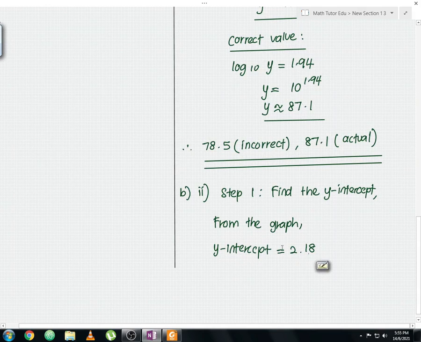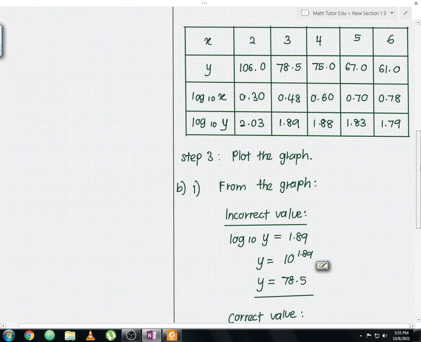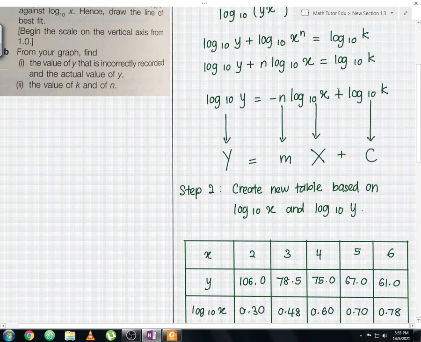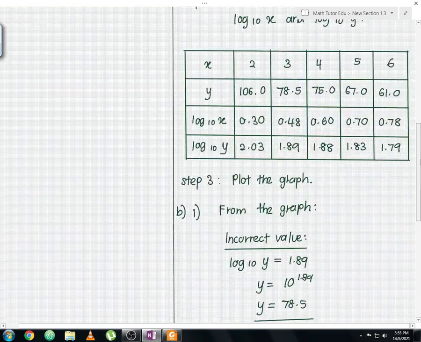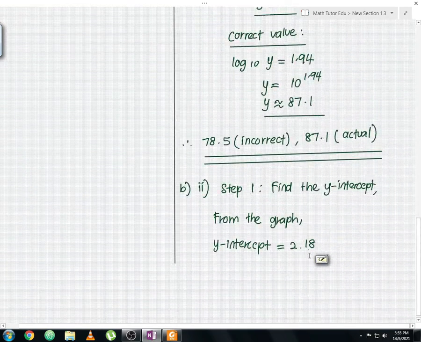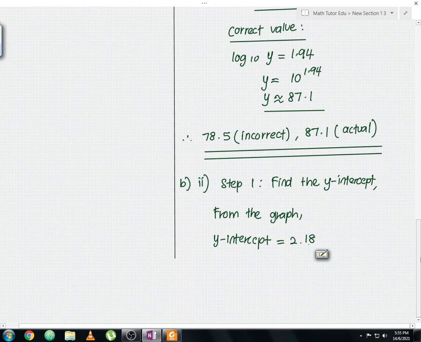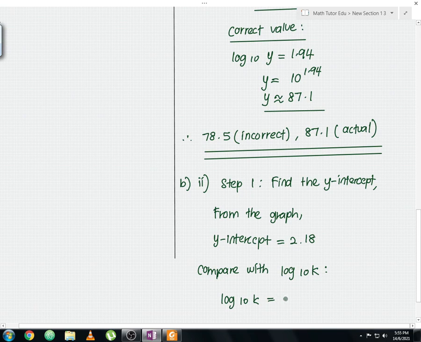But then there is another y-intercept value that we obtain through the equation, which is log 10k. So for the next step, we're going to compare this log 10k with 2.18. So from here, we compare with log 10k. So log 10k is equals to 2.18.